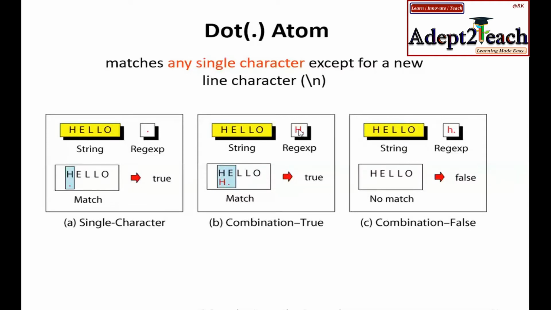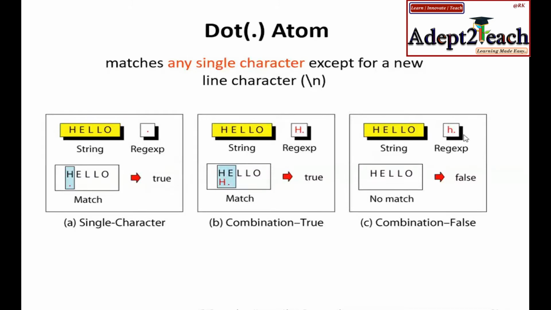In the second example, I am giving the regular expression as H and dot. That means the first letter I am setting as H, and the second character is dot, so the second character can be anything. Now in this example, the first character H matches and the second character is dot, that means any available character can match here. So E matches here, and this expression will give us an output as true. Third example: here I am putting small h and dot.